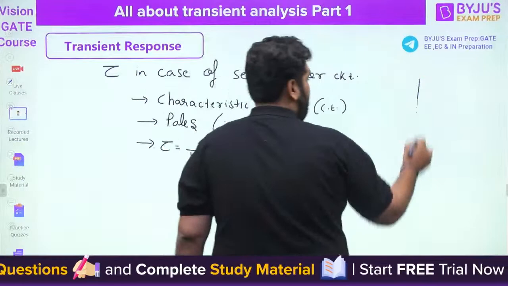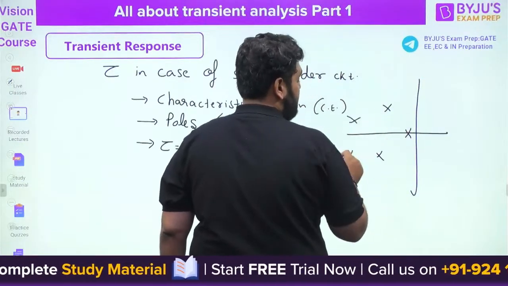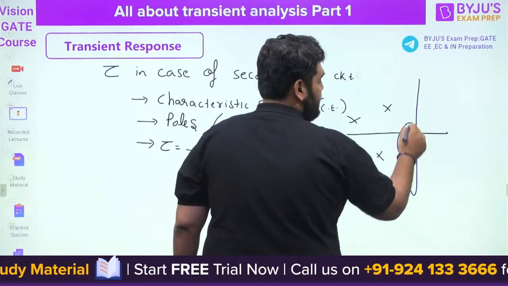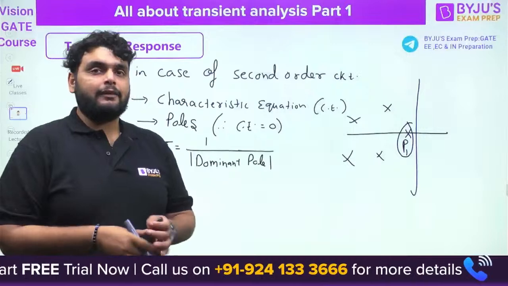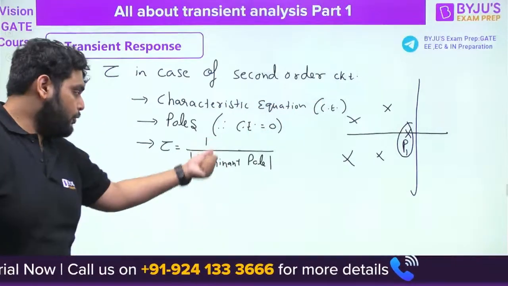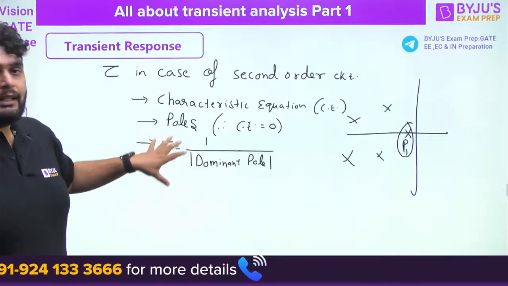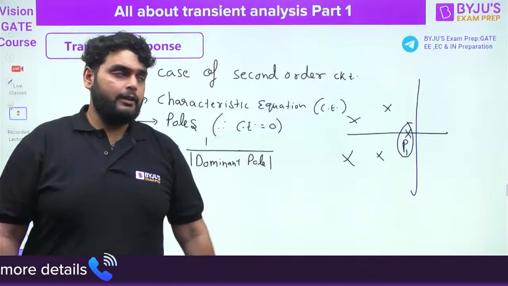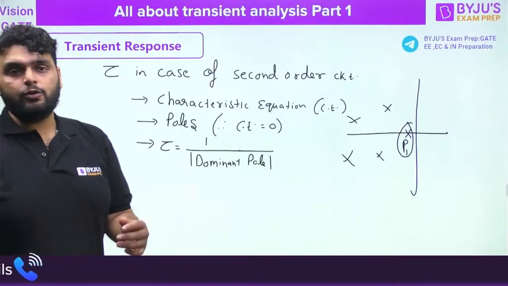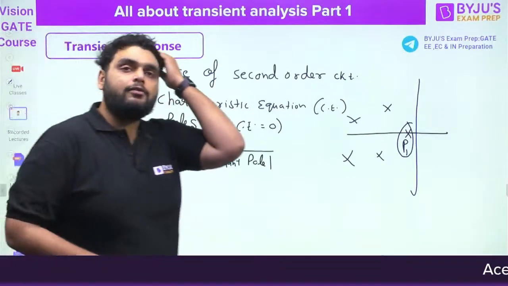For example, आपने बहुत सारे poles निकाल लिए. एक pole ये रहा, एक यहाँ पर, एक यहाँ पे, इस तरीके से है. तो the pole P1, it is nearest to the origin. That will be the dominant pole. So reciprocal of a dominant pole magnitude will give you the time constant. This is for the second order circuit or any higher order circuit. Okay. If you talk about the first order circuit, you know the formula, that is RC and L by R. Understood? Yes or no?